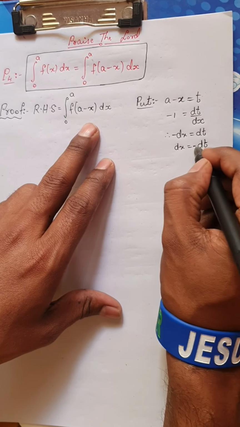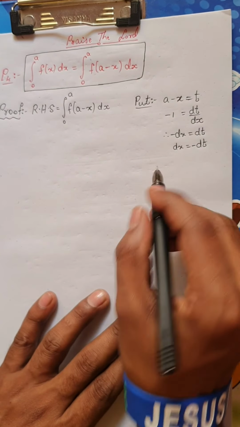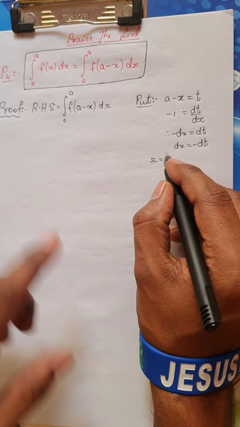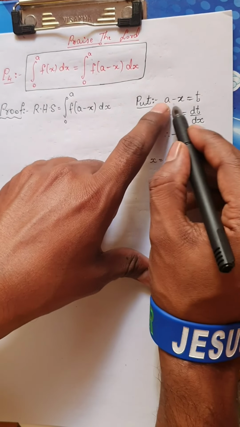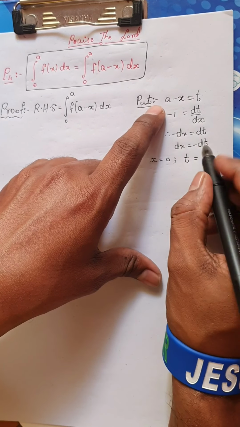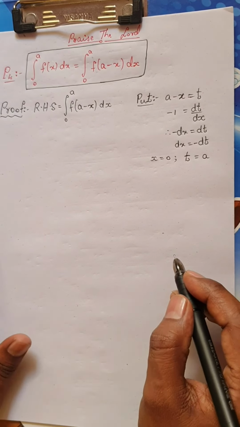Okay, now let us keep this part. Now along with this, as I told you, this is a definite integral, so you have to change the limits. Okay, so the lower limit is when x is equal to 0. If you put x is equal to 0, t will be a minus 0, so it would be nothing but a, isn't it? Very simple one.